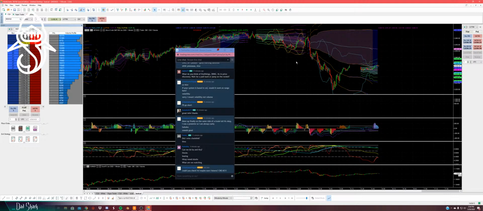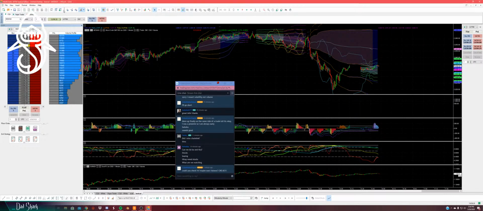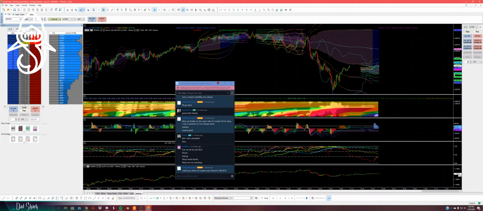Bullish mean reversion here on the 1 minute chart for starters. If we wanted to go long, I would do so at 30.32 or 30.27. Those are the two values I'm interested in.